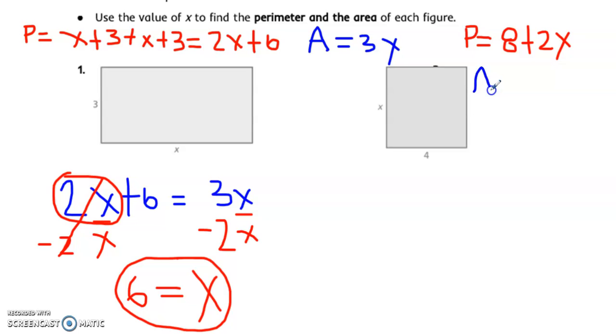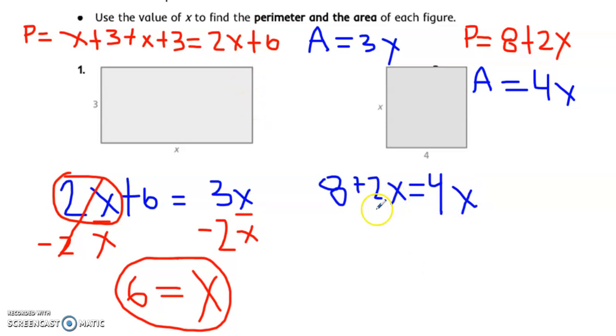Now for the area, we've got base times height, so 4 times x, and that is 4x. And if the area equals the perimeter, we just set those equal to one another. So 8 plus 2x equals 4x.